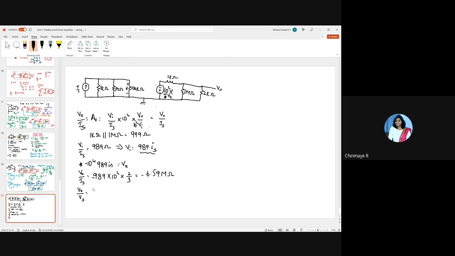I can write V0 by Vs is equal to V0 by Is into Rs, and here 1 kilo ohm is acting as Rs, right? So I divide V0 by Vs by 1 kilo ohm, and therefore I divide my RHS also by 1 kilo ohm. So my V0 by Vs will now be minus 6.593.